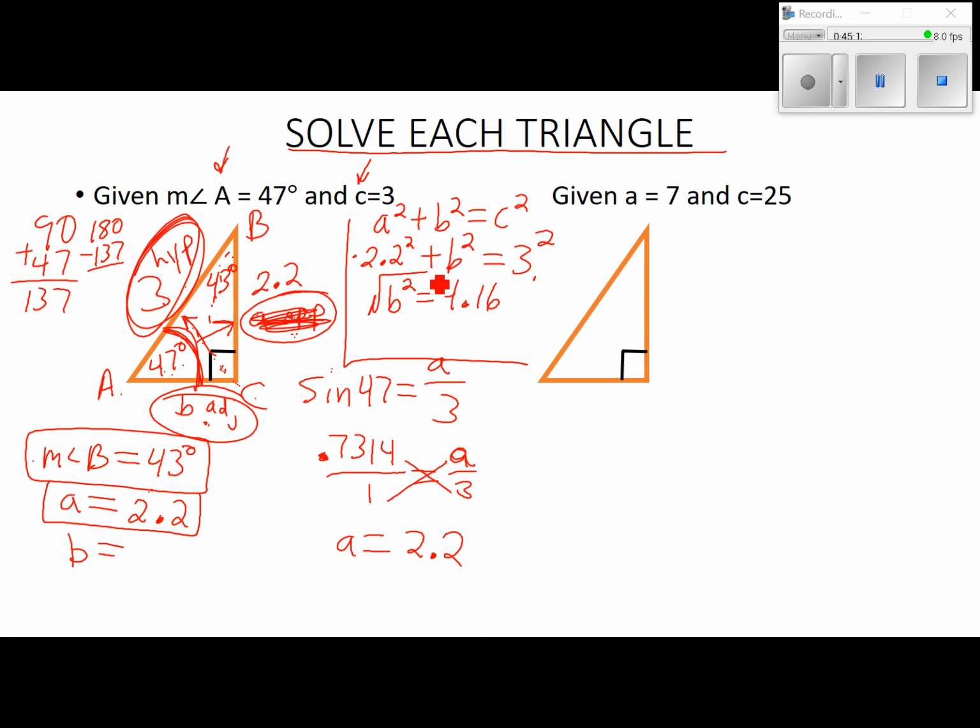Well, then you got to take the square root of both sides. That's going to leave us with b equals, so we just punch in second square root, 4.16, and I end up with about 2.0. So little b equals about 2.0, and we found all the missing parts in that triangle.